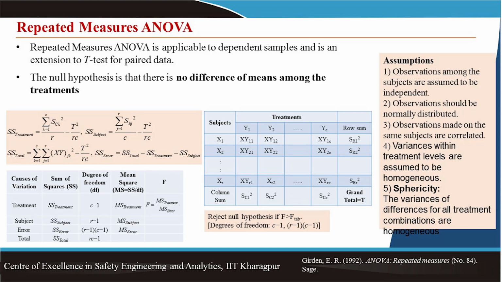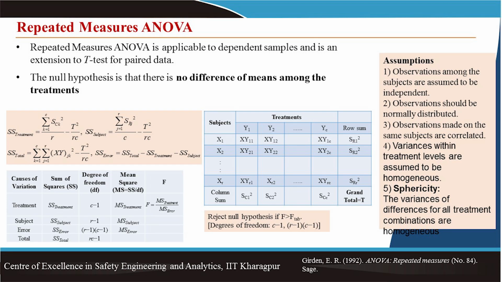Then similarly, as I told, the subjects also introduce variability in the responses. So, you are required to compute the subject contribution. Subject here may mean individuals, R number of individuals, or maybe R groups, each group having some individuals, maybe a group of people, but for the same job or the same type of basic job profile or work activities or task activities being done.